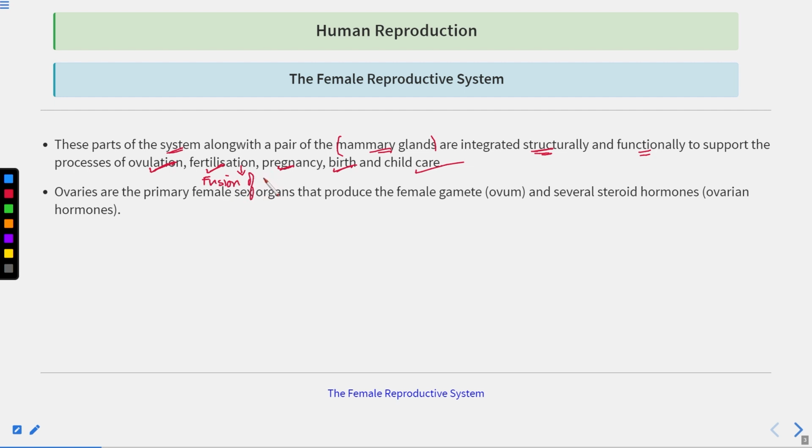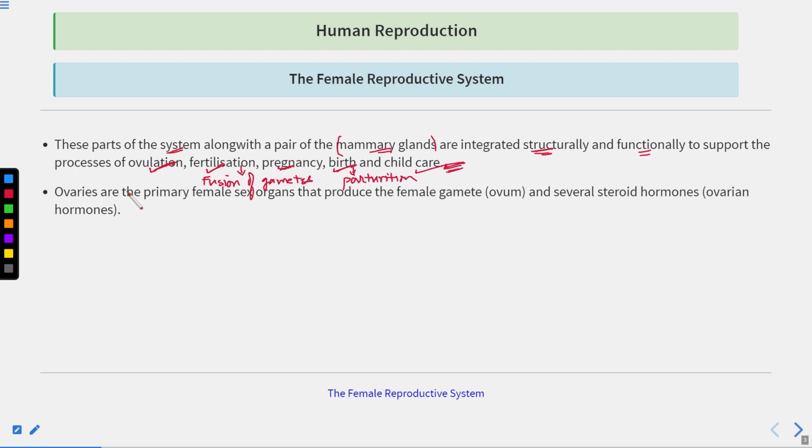During sexual reproduction, male and female gametes are produced and fused together to form the zygote. The zygote later develops into an embryo, and the embryo will further give rise to the new individual. Giving birth to the child is known as parturition. Then child care is also important. The mammary gland produces the milk. This process is known as lactation, and it is very important in child care.